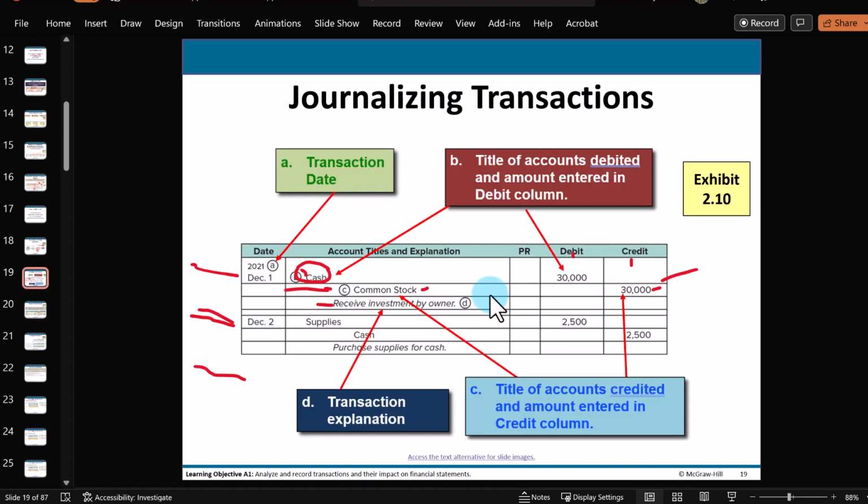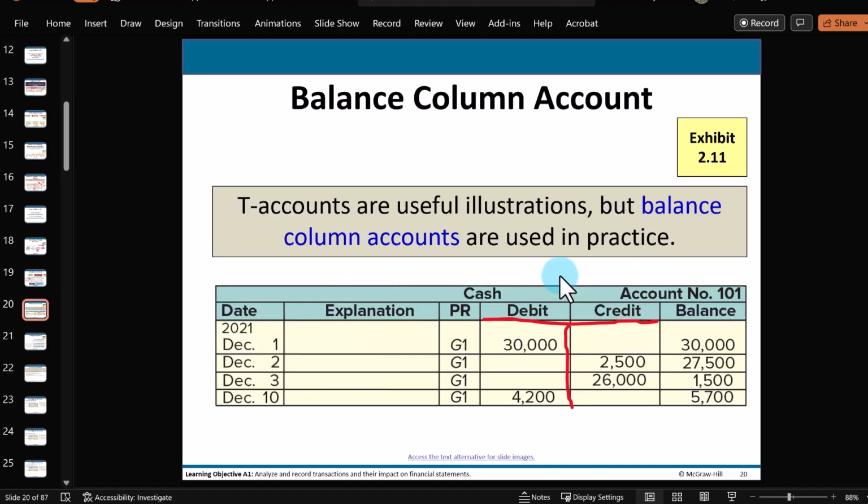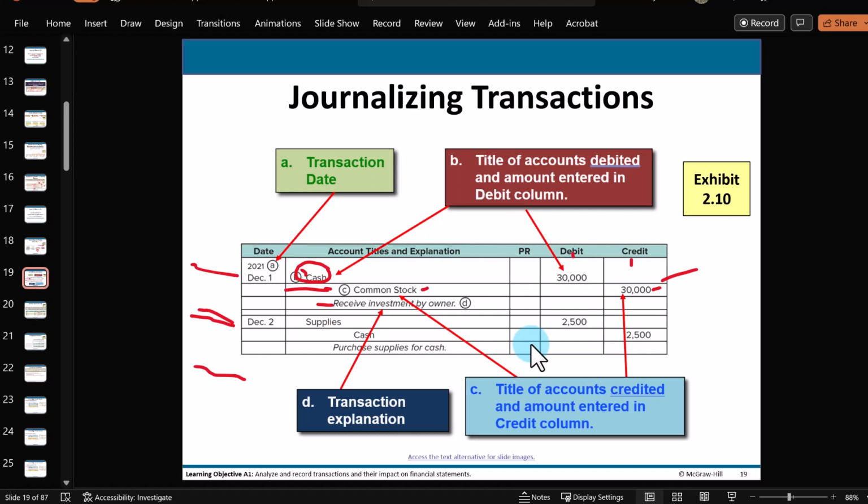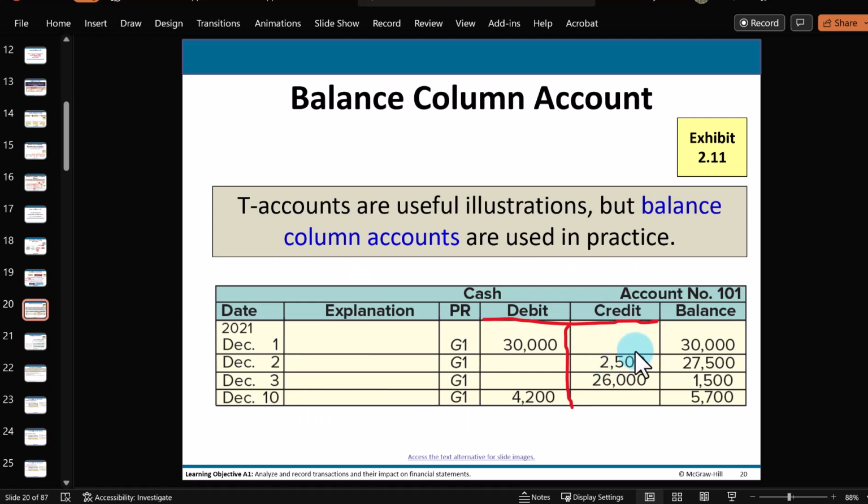And in this case, a debit to our cash, you post it as a debit into our cash ledger. A credit here, like this second entry, a credit to cash, you post it as a credit in the cash ledger. It doesn't change. Whatever is debit or credit in the journal is going to be a debit or credit here in one of your ledger accounts.